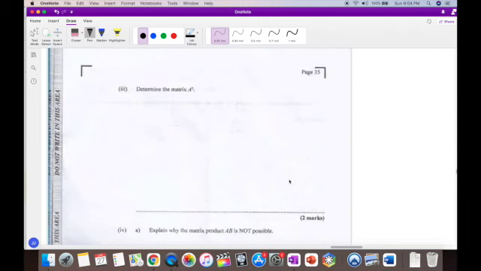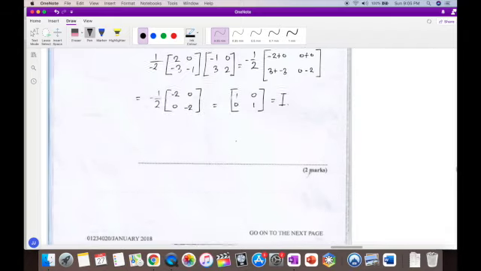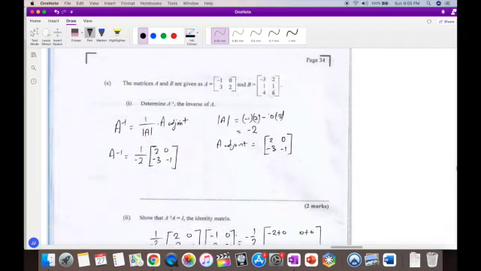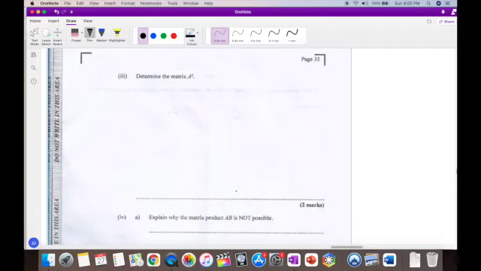Determine the matrix A squared. And I don't think we actually covered this one in class, but it's actually quite easy. A squared is if we take the matrix A, which is negative 1, 0, 3, 2, and multiply it by itself, negative 1, 0, 3, 2. So what do we get? Negative 1 times negative 1 is positive 1, plus 0.